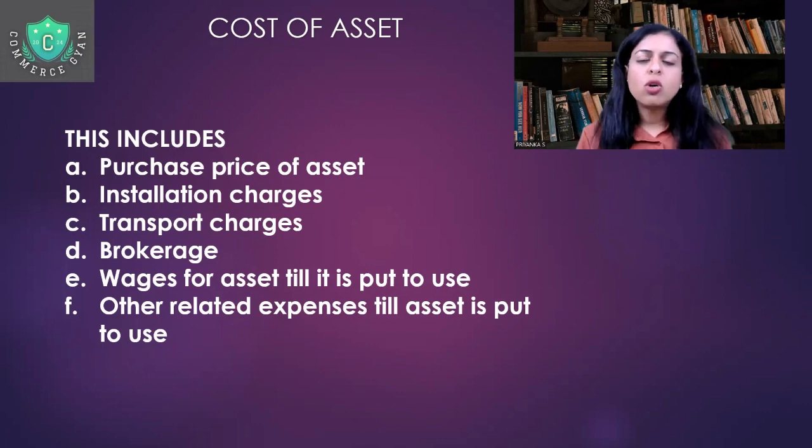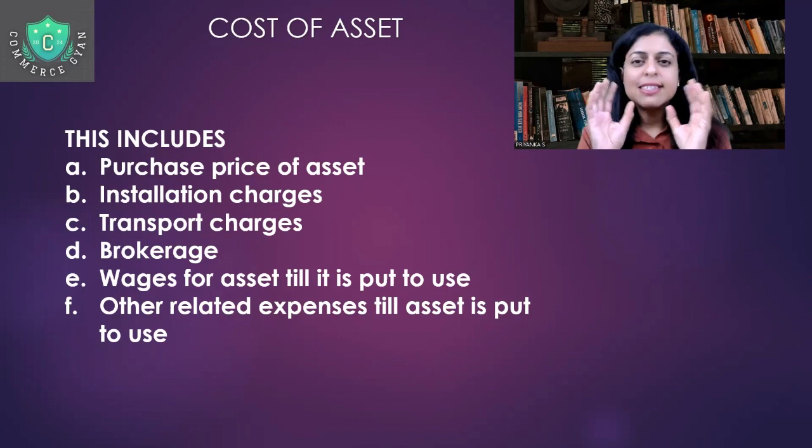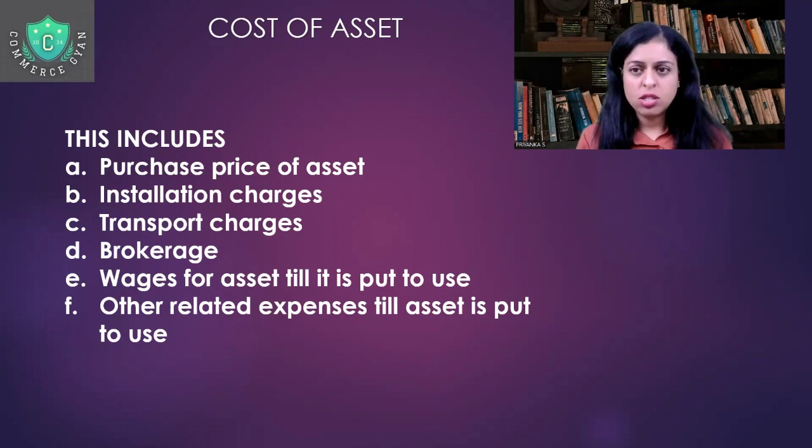So first important thing, whenever you write the amount or the asset value in your books of accounts, that cost of the asset is determined, you can say, considering all these inclusions. Another important thing is, suppose you bought the asset. Let's say you bought a building, and after you buy the building, you start using it for your office.